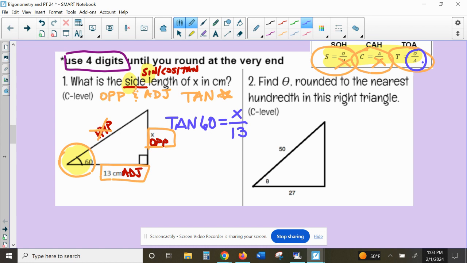Put in 60. Tan 60. Almost all the time you'll get a hot mess, just so you're warned. And that's why I say write it out to 4 decimal places. Remember, you can either cut off after 4 or round at 4, whichever you want.